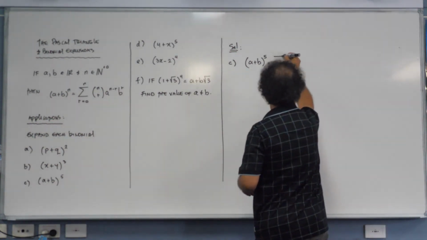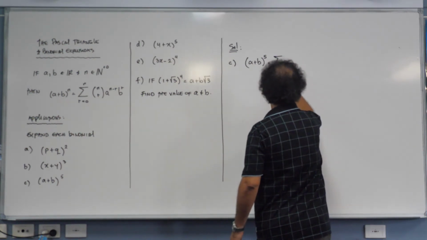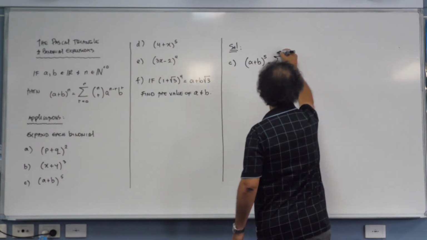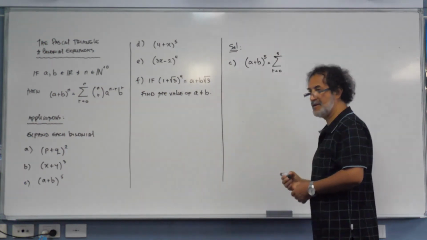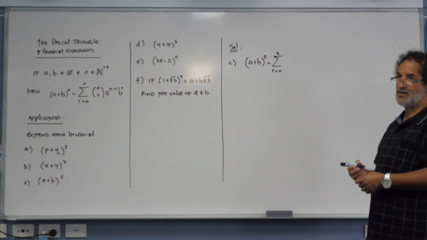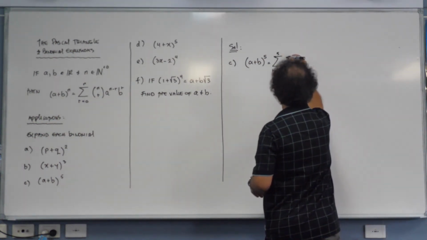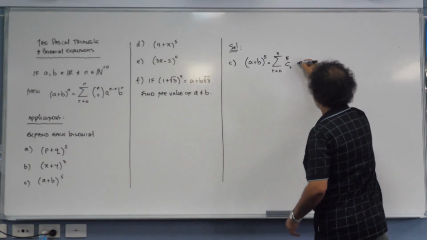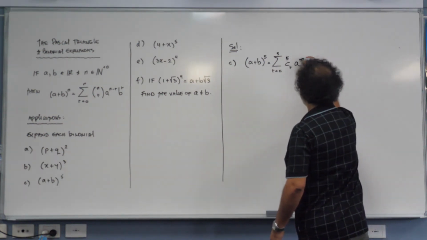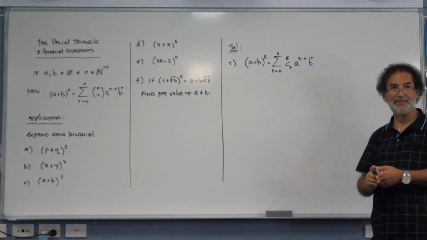So that is the sum from r equals 0 to 5. And this time I'm going to be using the C notation, just to do something different. So we're going to say 5Cr, and then we're going to put a to the power of 5 minus r, b to the power of r.